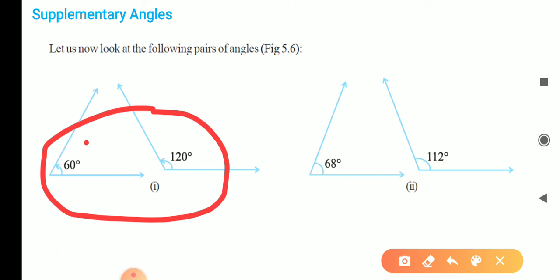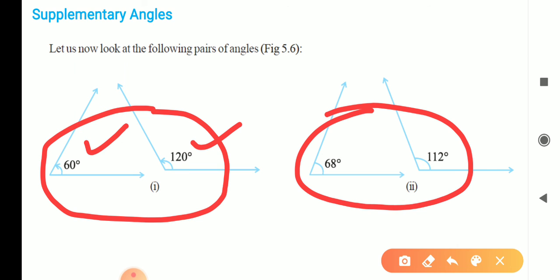In the first case, one angle is 60 and the other angle is 120, and the sum of both the angles is 180 degrees. So these angles are supplementary angles, and in this case 112 and 68, these are also supplementary angles. The sum of 68 and 112 is 180 degrees.